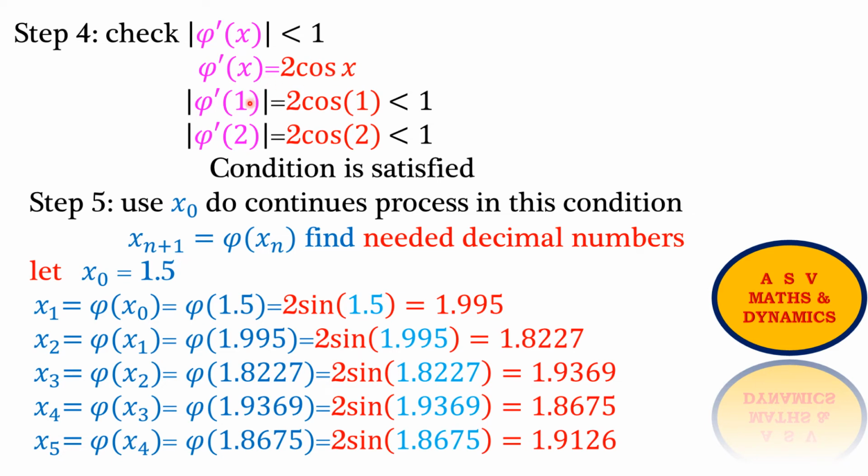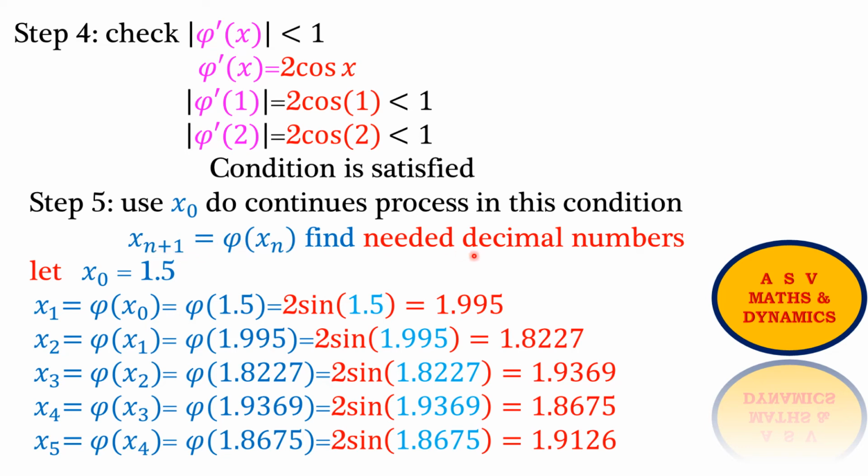At the same time, you substitute the a comma b, that's the interval. The two interval values must satisfy less than 1. Using the calculator, you verify and you get the answer less than 1. If the condition is satisfied, you continue the process. The process means using the x naught value, x n plus 1 is equal to phi of x n.